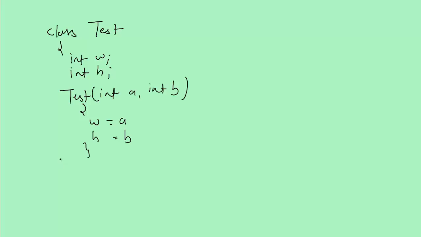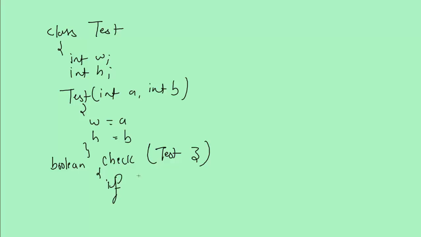Now I'll be bringing in one method called, sorry, handwriting is pretty bad, I don't like it. Boolean check, Test Z. So what is this? This is just a method. Now I am writing some condition.